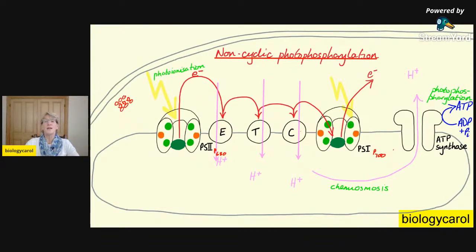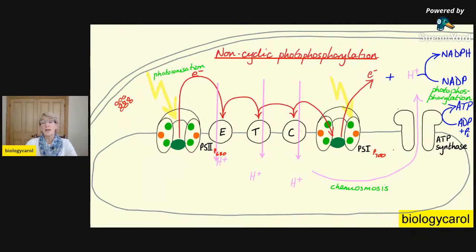So what happens to this electron? Well, now we have the ingredients to make a hydrogen atom. An electron plus a hydrogen ion will make a hydrogen atom, and that hydrogen atom is added to NADP to make NADPH, or reduced NADP.